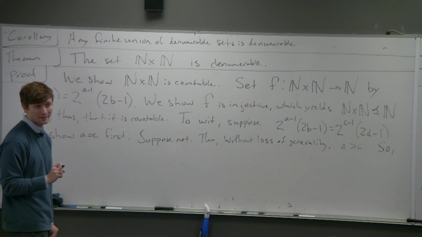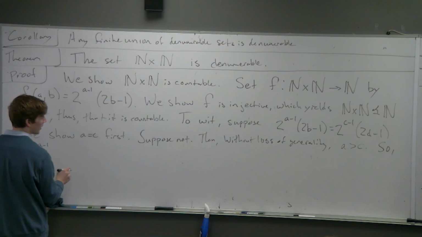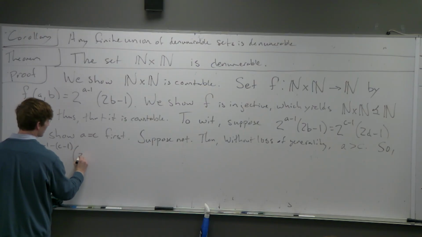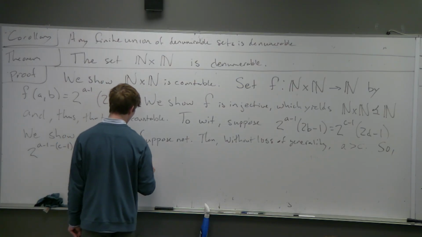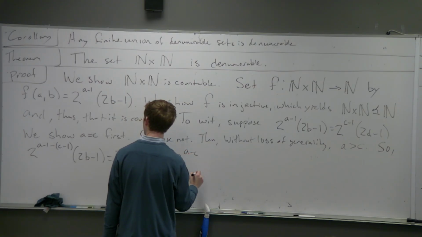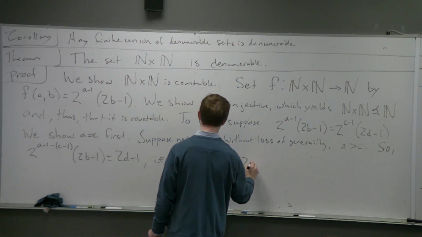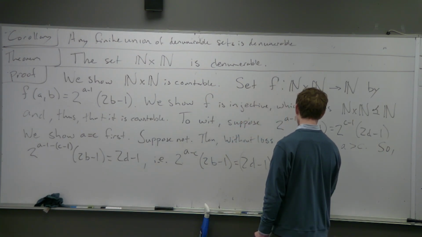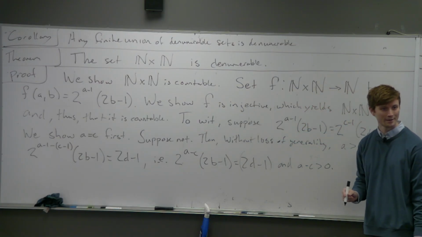Yeah? Okay. Then I get 2^((a-1)-(c-1)) times (2b-1) equals 2d-1, i.e. 2^(a-c) times (2b-1) equals 2d-1. And a minus c is greater than 0. Yeah?